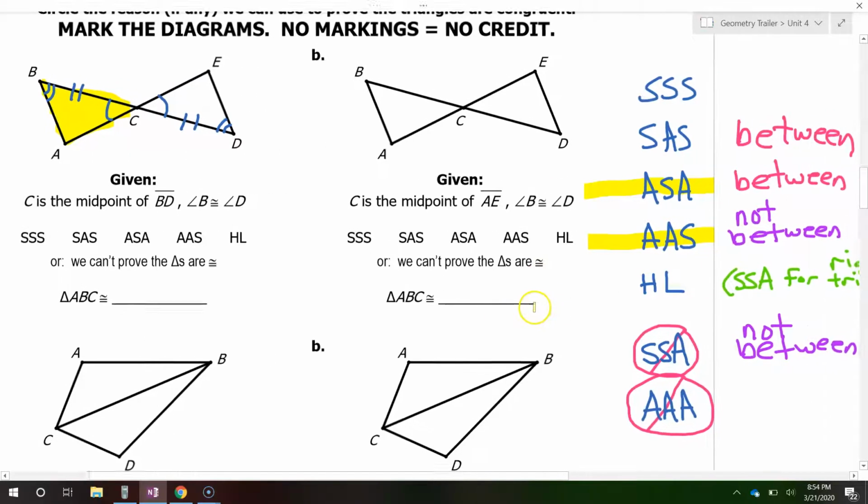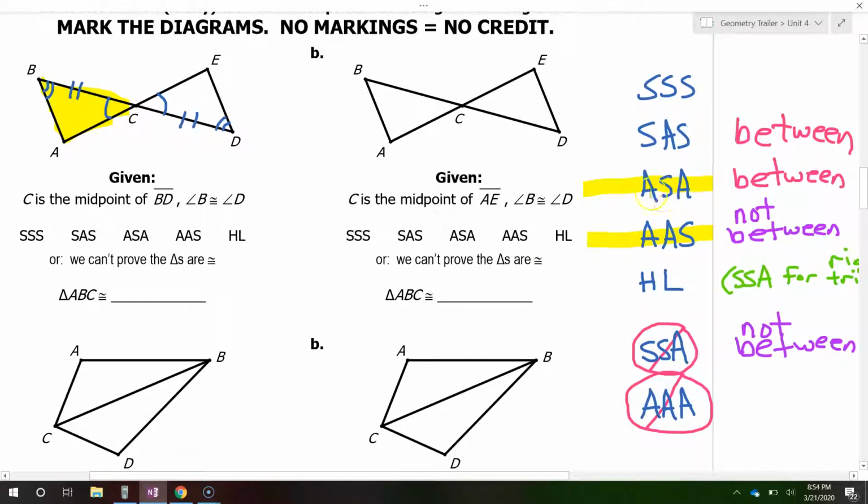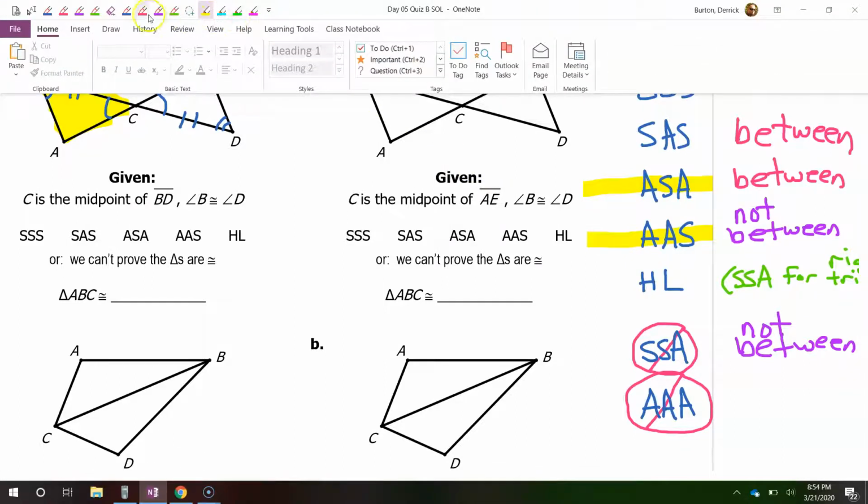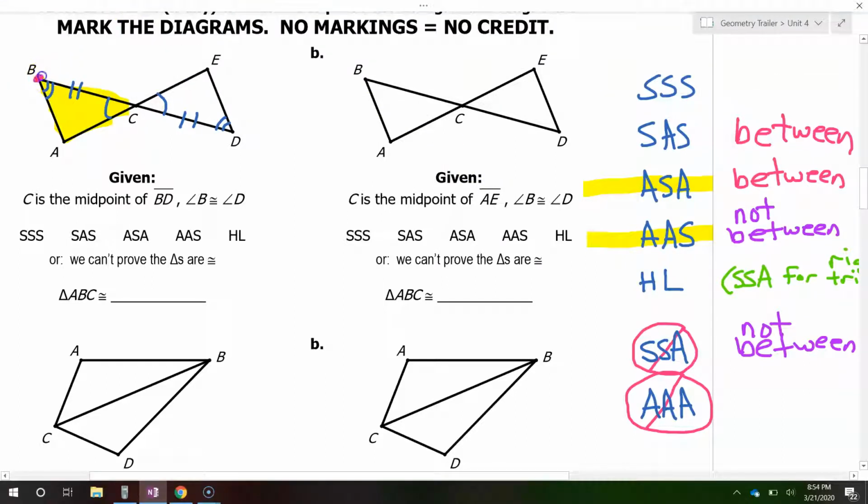So the question is, is the side between the angles or not between the angles? Well, the angles are here and here. If I connect those, this is the side that's between them. And that is the side that we have marked. So the side is between, so angle, side, angle.